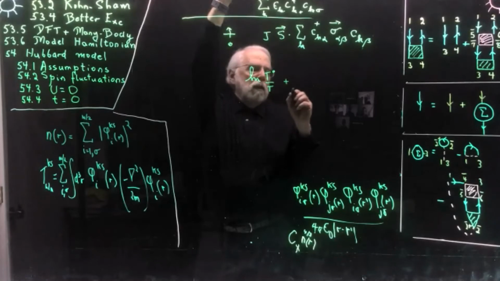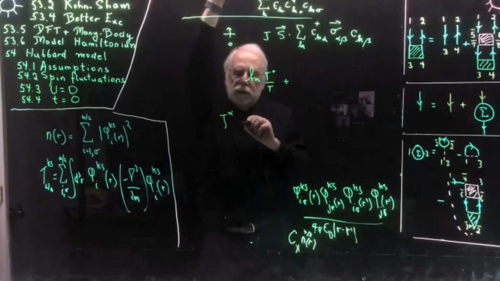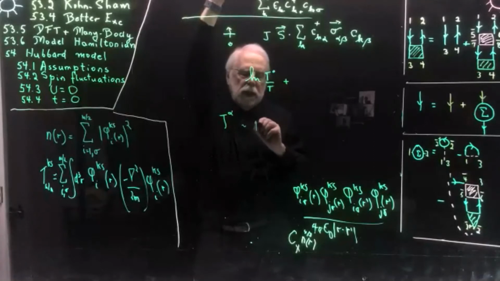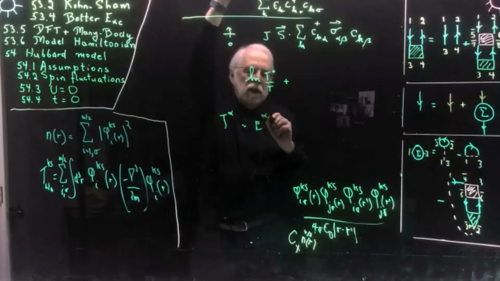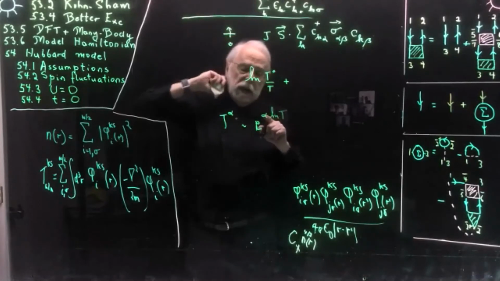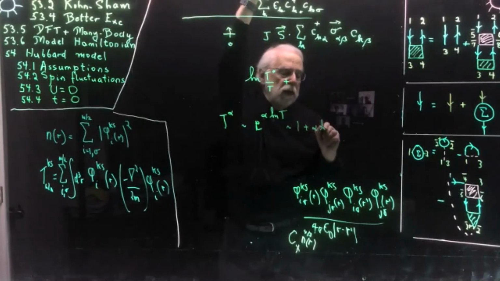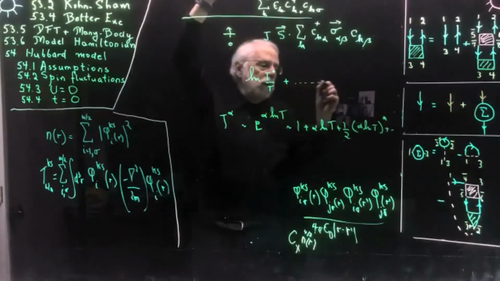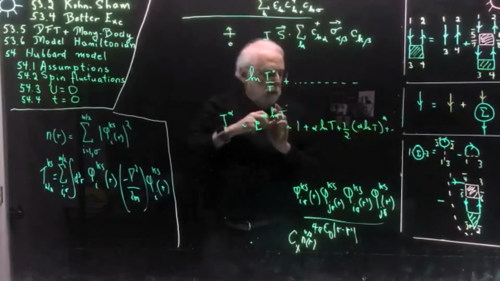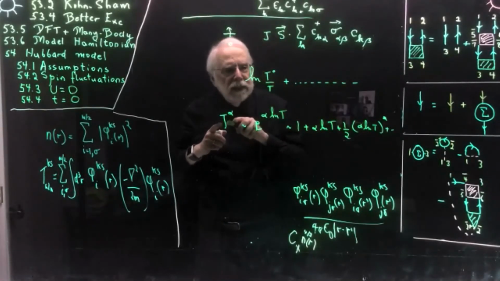But when the real answer is T to the alpha, then you can write this as an exponential of alpha log T. And then if you are doing a power series in temperature, you get 1 plus alpha log T plus 1/2 alpha log T squared, etc. So if you have a series that has a lot of logs, log squared, etc., then sometimes it is just a syndrome of the fact that the real answer you're looking for is like this.